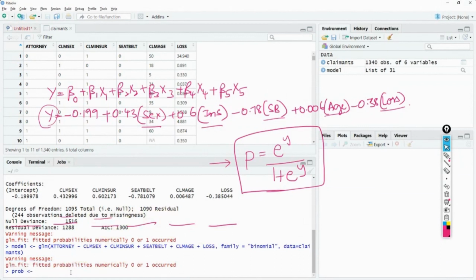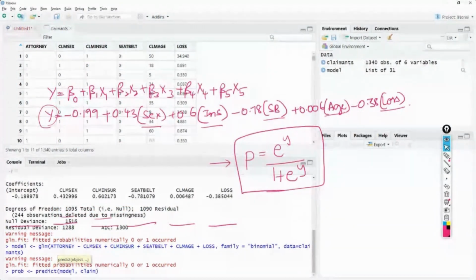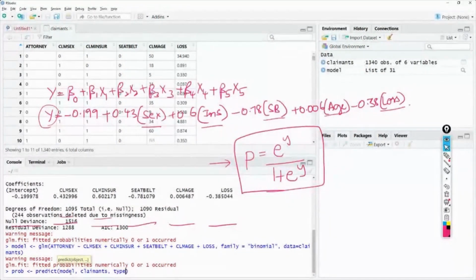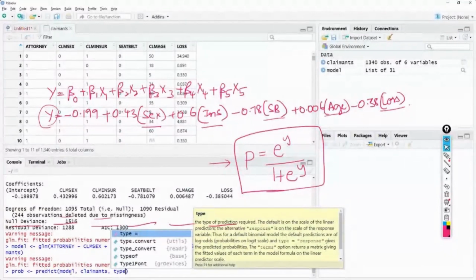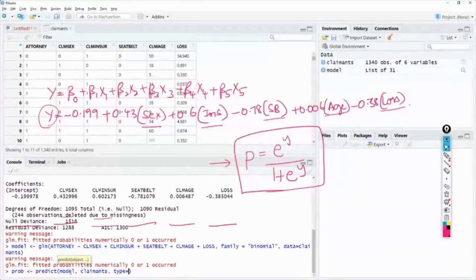Then I'm going to predict using the model that I built on the same claimants data. And I'll say I want the probability values.